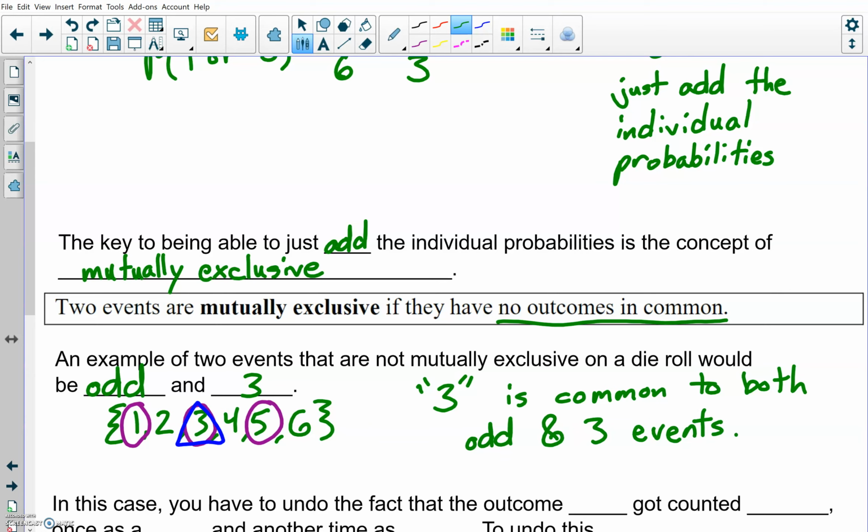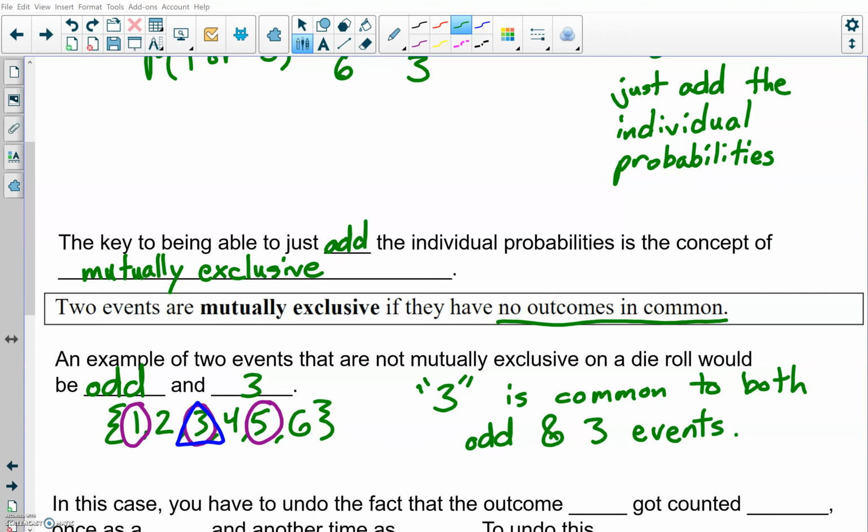And this is kind of a problem here, because if I just added the probabilities for the odd, which would be 3 out of 6, and the probability for 3, which is 1 out of 6, I would get 4 out of 6 as the probability. Well, looking at the total number of things that have been circled or put triangles around, there's really only 3 of them. So by counting that 3 twice, essentially, once as an odd, once as a 3, I've distorted the probability when I just add those together.